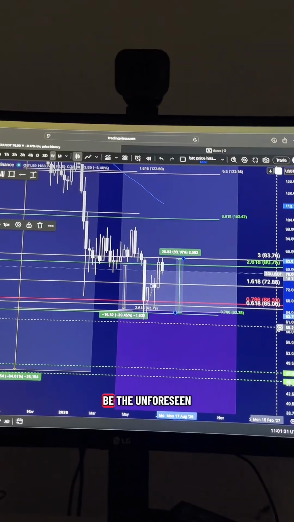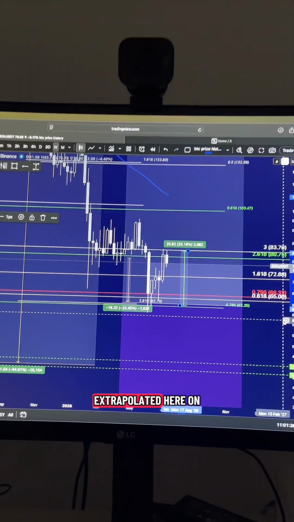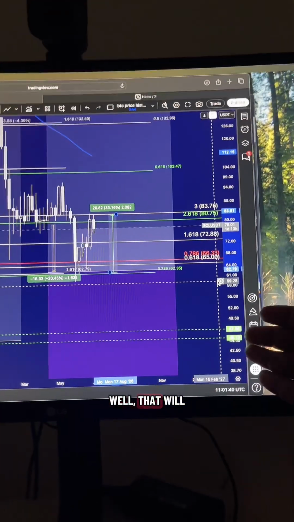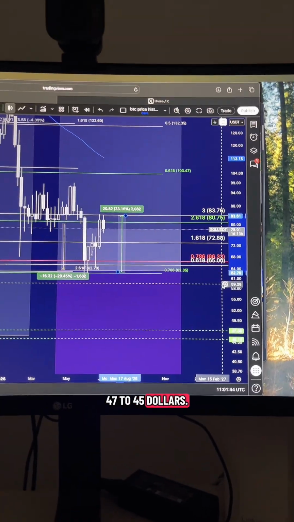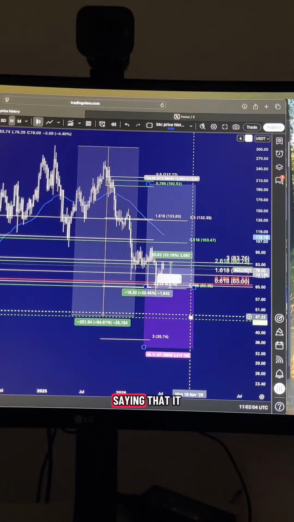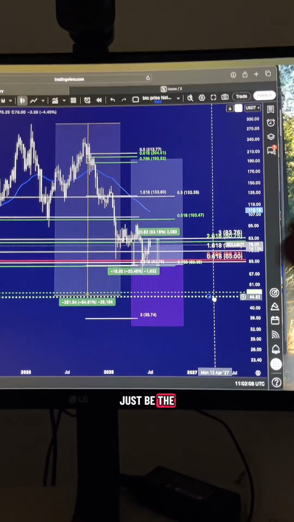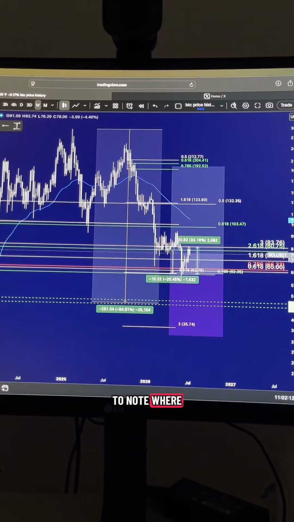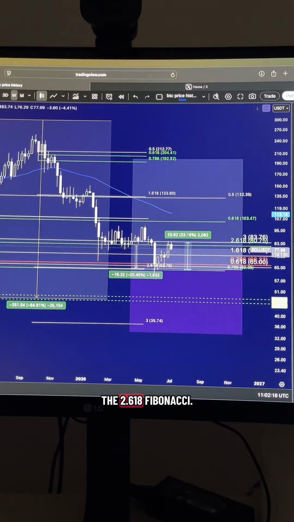Anyway, what would be the unforeseen circumstance that we just saw on Sol BTC, extrapolated here on the Sol USDT chart? That will be somewhere around $47 to $45. Again, we are not saying that it cannot go lower, but this will just be the ideal zone. Now, it's important to note that my potential entry right here was the 2.618 Fibonacci.